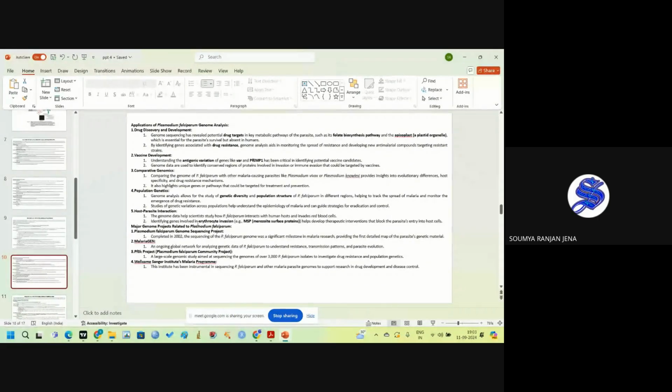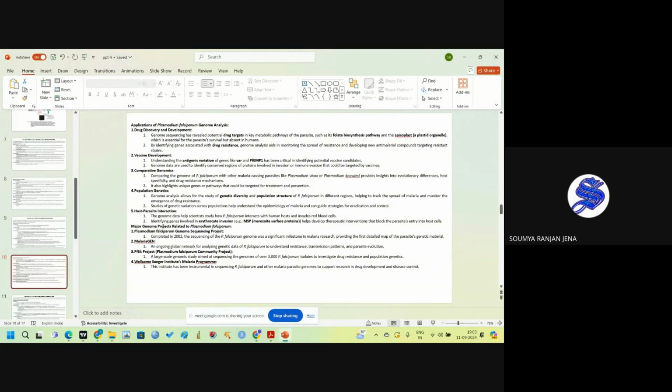Identifying genes involved in erythrocyte invasion, that is MSP, the merozoite surface protein as we previously discussed, helps develop therapeutic interventions that block the parasite's entry into the host cells.